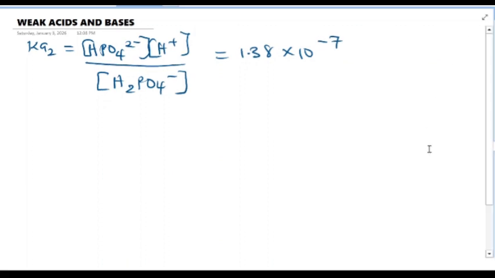Hello, welcome back. Continuing from where we left off, we are looking at the second dissociation constant of phosphoric acid, and that's the equation we have written right here.